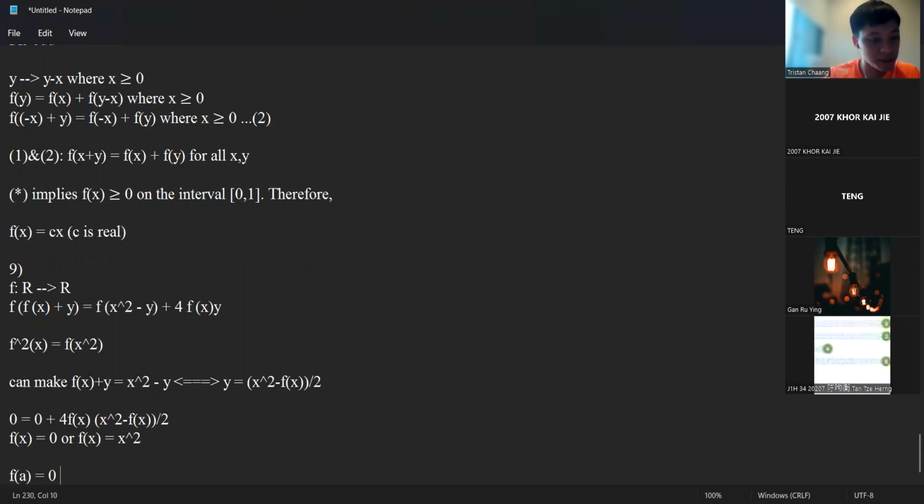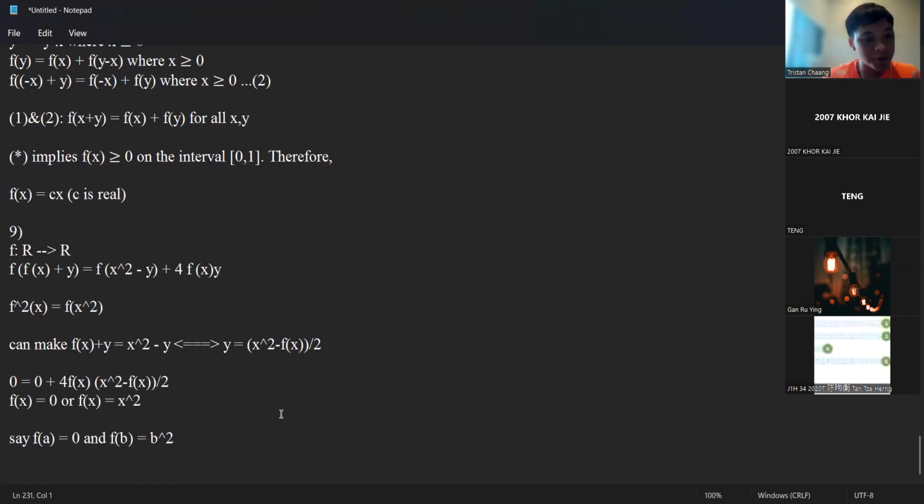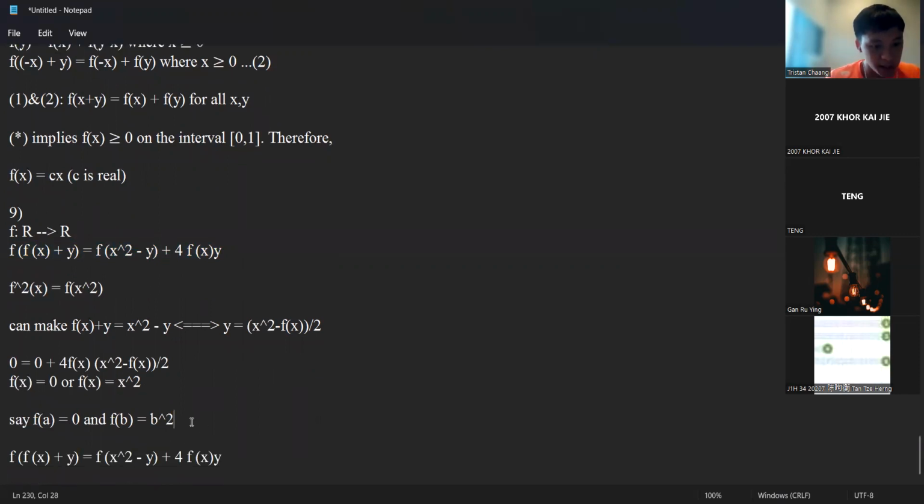So f(a) is 0 and f(b) is b squared. And hopefully we can force a contradiction. Again, where a, b are non-zero, because if it's 0, then both cases are true.